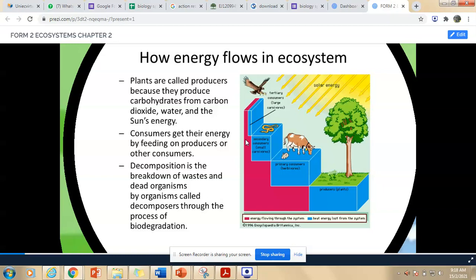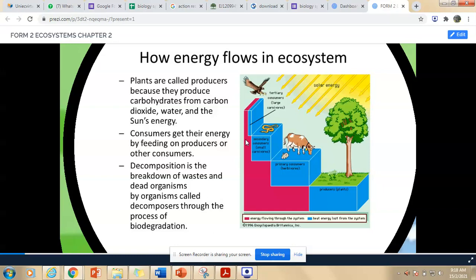If you have 100 joule of producer, so the next herbivore will only take about 10 joule. So only about 10% of the energy is transferred to the next organism.